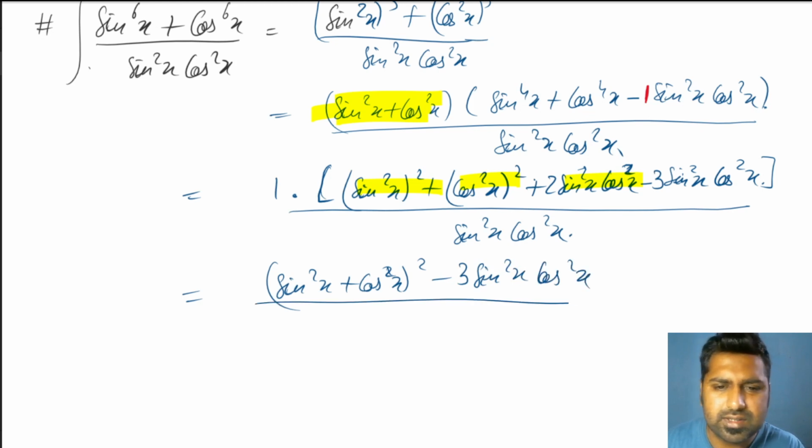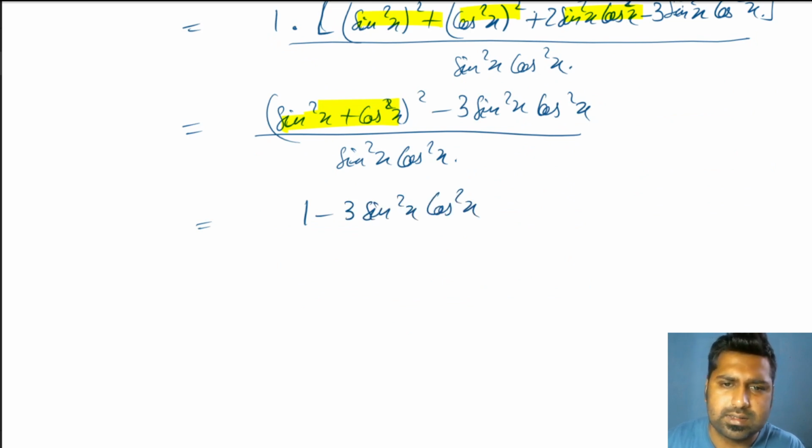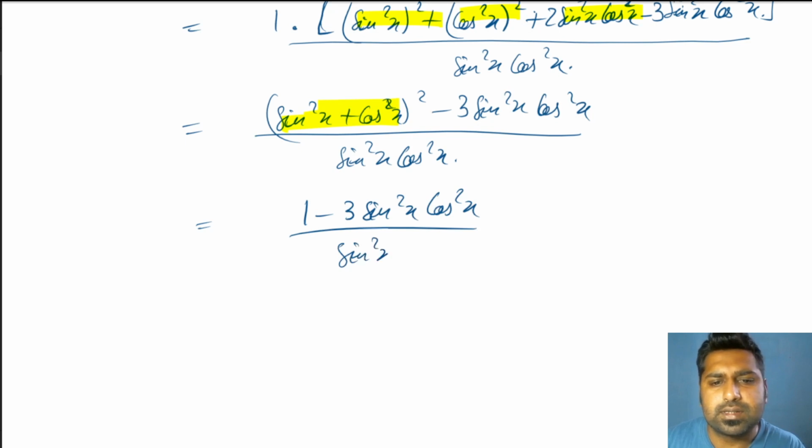So a lot of algebra is ongoing. Right now we have not used too much trigo. Now again, sine square plus cos square becomes 1. So overall this becomes 1 minus 3 sine square x cos square x upon sine square x cos square x.